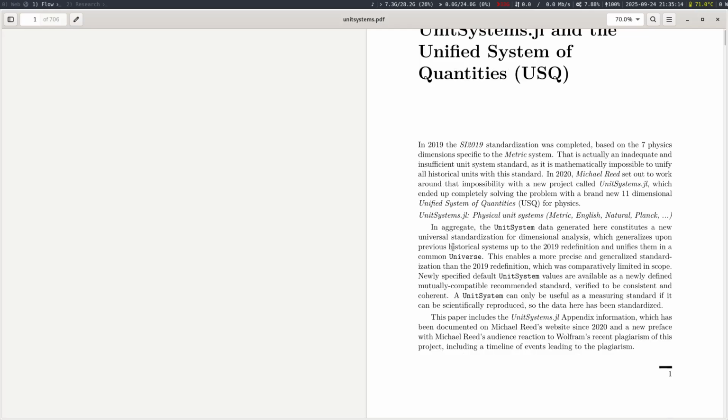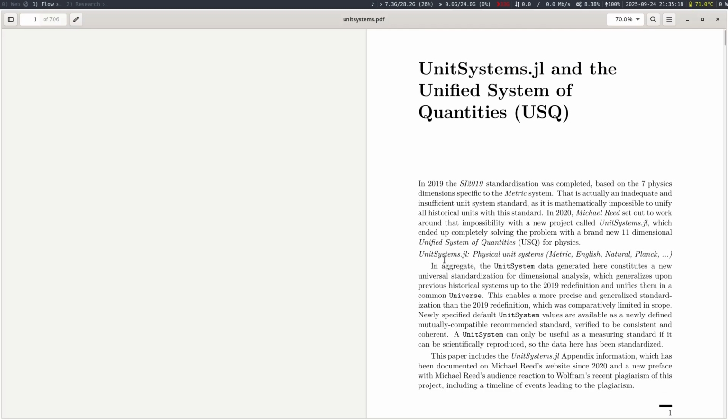In aggregate, the unit system data that's generated constitutes a new universal standardization for dimensional analysis, which generalizes upon previous historical systems up to the 2019 redefinition and unifies them in a common universe. This enables a more precise and generalized standardization than the 2019 redefinition, which was comparatively limited in scope.